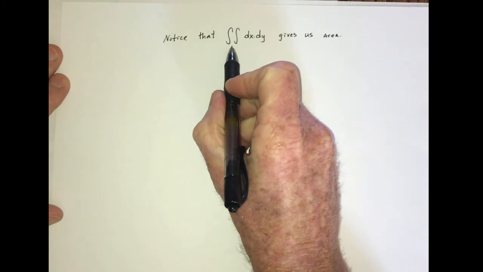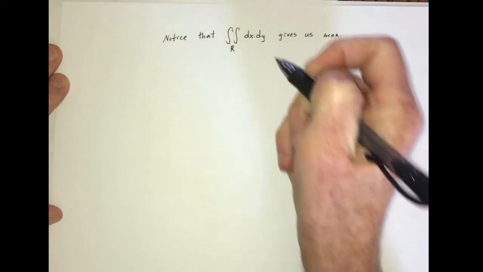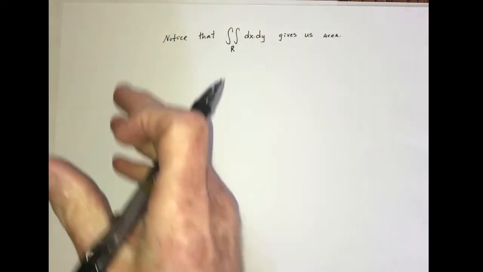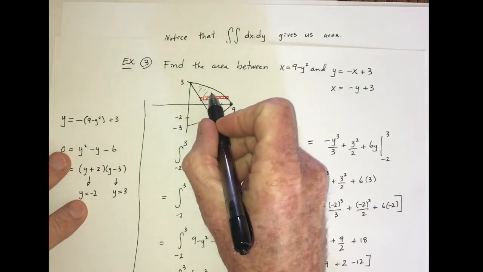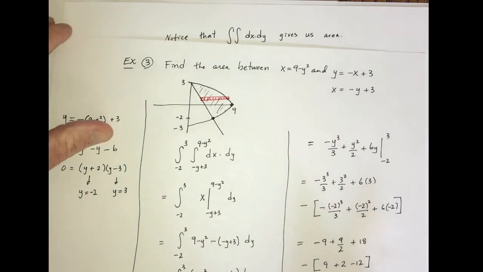And so since I don't have specific limits to put right here, I could just say that's over the region R. So for example, this last one where I had it shaded in black, the area that we found, that could be called R, that region.